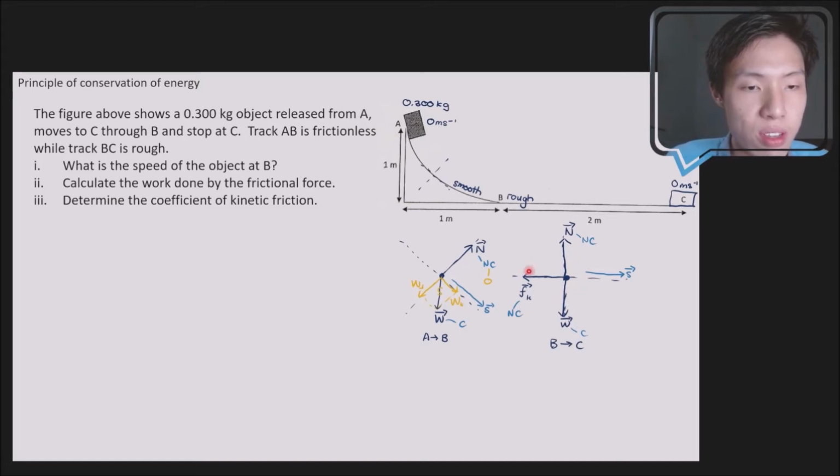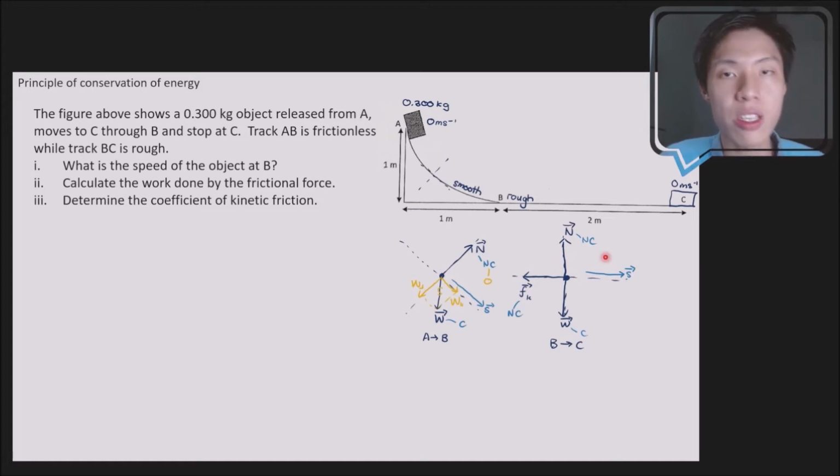Okay, next for the journey from B to C, let's look at the non-conservative force, and see whether it does any work or not. For the normal force over here, the normal force and the displacement are 90 degrees with each other, so you should expect the normal force to do no work in this case, 0. Okay, but there's another non-conservative force for this journey from B to C, which is the kinetic friction.